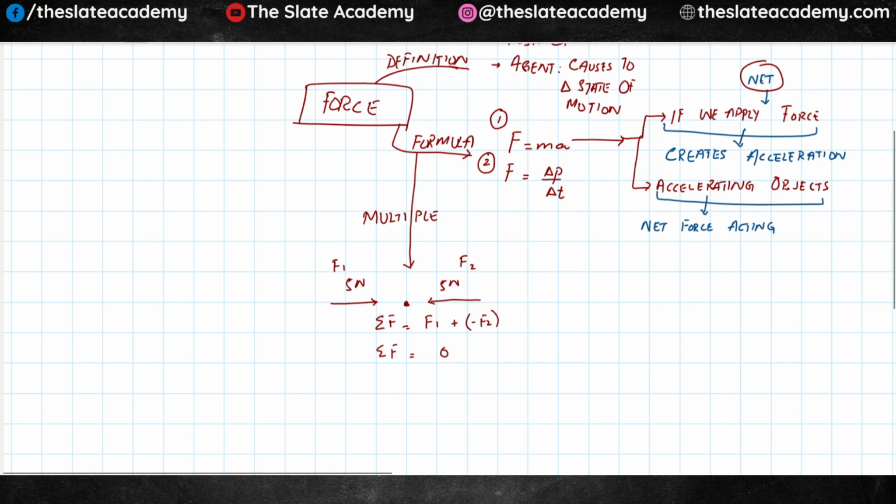Okay, so another scenario could be that you have got the same 5 Newton acting towards the right, F1, on a point object, and then you have got 7 Newton acting leftwards. This is F2.